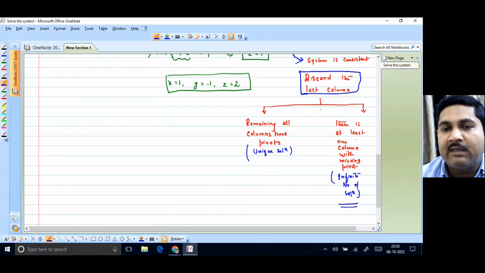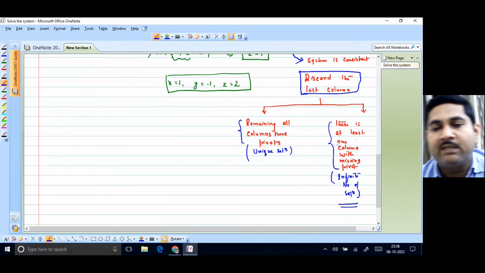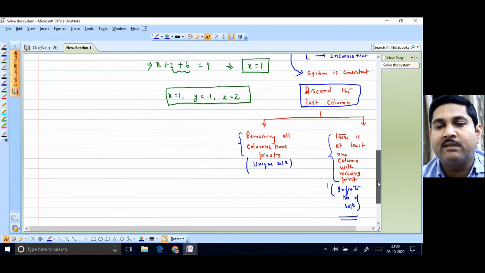You first discard the last column and then you check whether all remaining columns have pivots or there is at least one column with a missing pivot. If all columns have pivots, the system has a unique solution, and if there is a column with a missing pivot, infinite number of solutions exist.